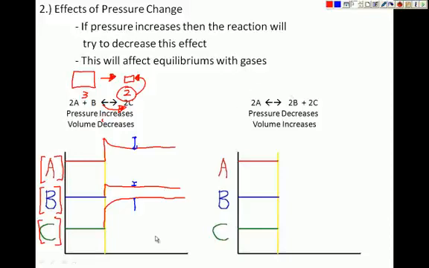Now let's look at what happens if the volume is increased. So volume is increased. What we're saying here is that the box is increasing. So the pressure decreases, or in other words, the volume is increasing.